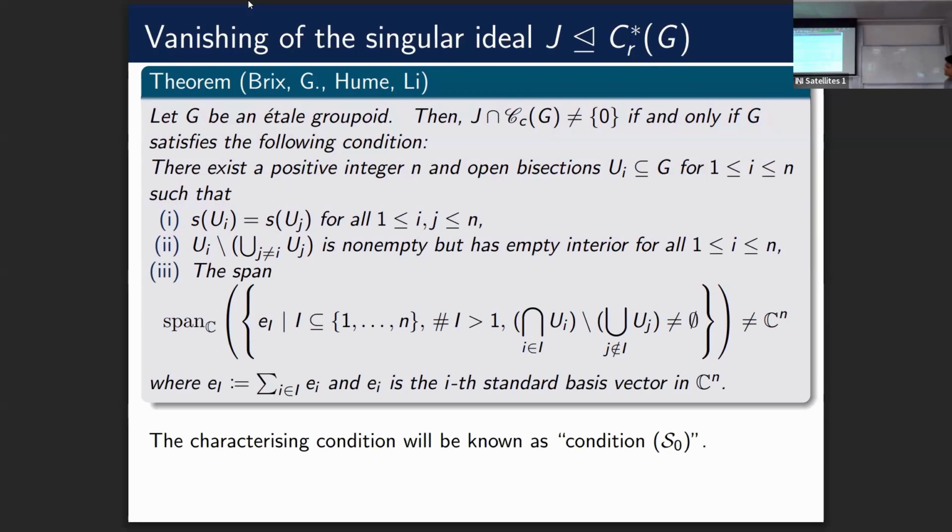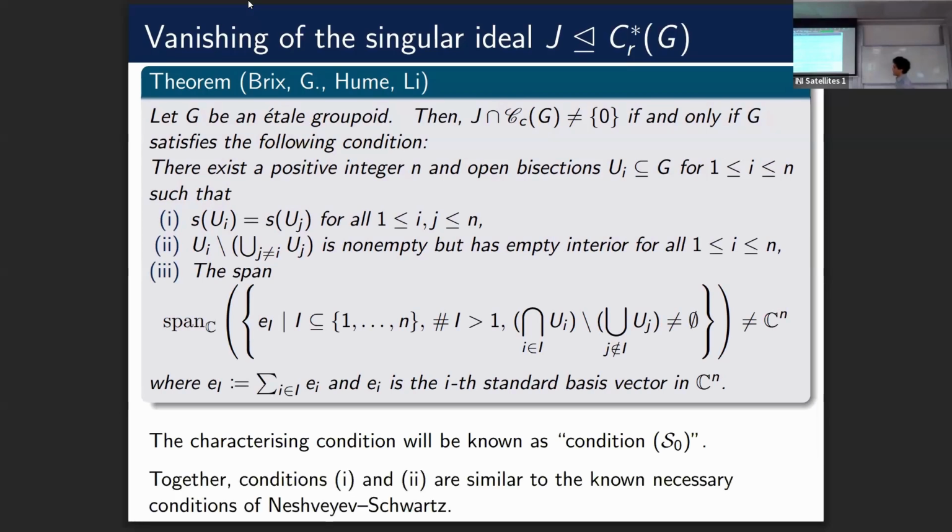We could call these conditions S0. In the context of Neshviev and Schwartz's paper, these first two conditions are quite similar to the necessary condition they gave there. And so when you add this third condition, it becomes sufficient.